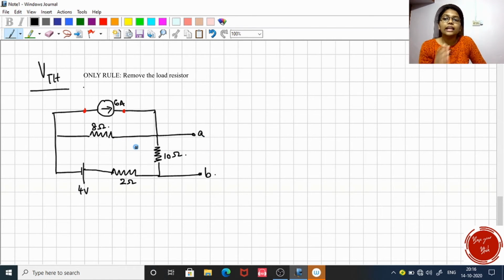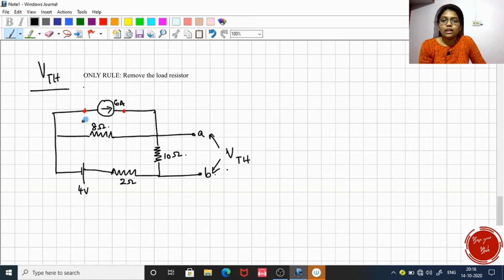And now next, Vth is actually the voltage that is across the load terminal. Okay, so this is the Vth value, or the voltage across AB is the Thevenin's voltage. But remember that we must not have the load resistor connected to this terminal. But here in this question there is no load resistor, so let's not bother.